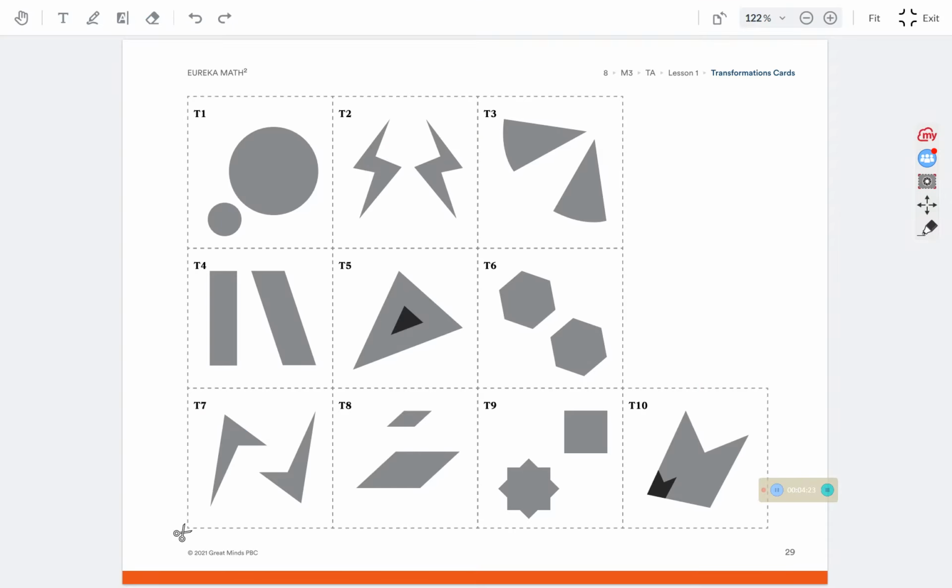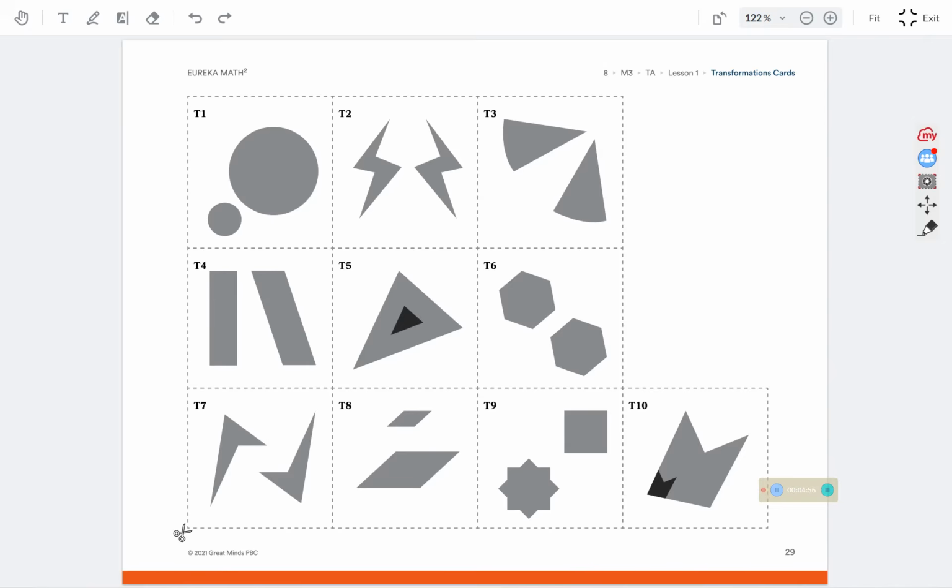I want you to go through this set of transformation cards and identify whether they are dilations or not dilations. If the scale factor is 1, it keeps something the same size. So in T2 and T3, those could be considered dilations because they would use a scale factor of 1. But traditionally, we would just say that it's rigid motion.